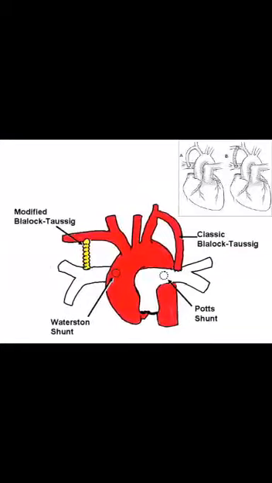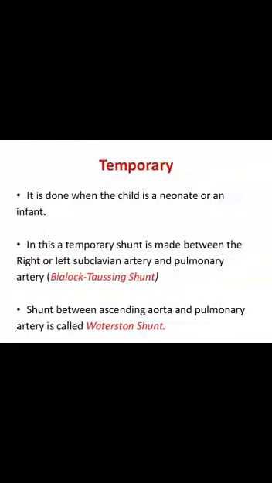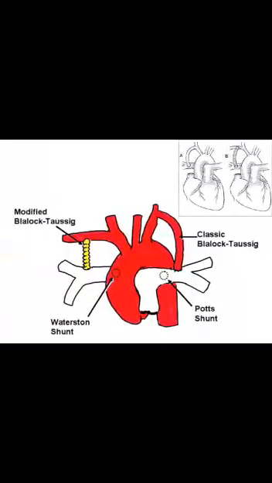You can see it in this image. First, the Blalock-Taussig shunt: this temporary shunt is made between the right or left subclavian artery and the pulmonary artery.